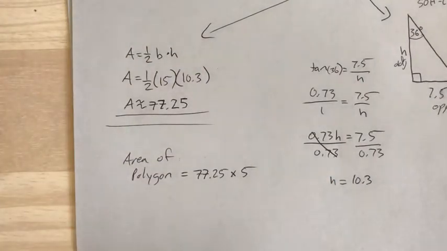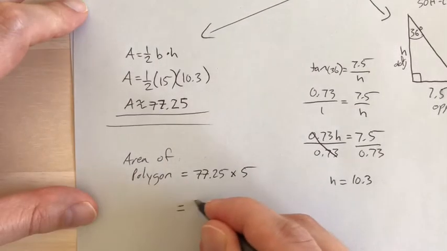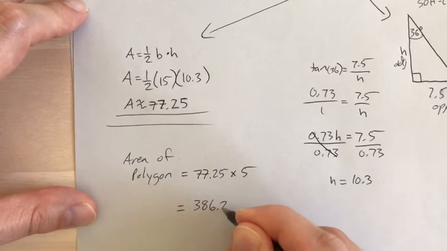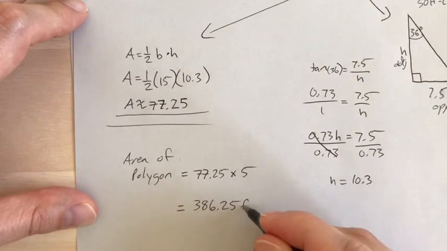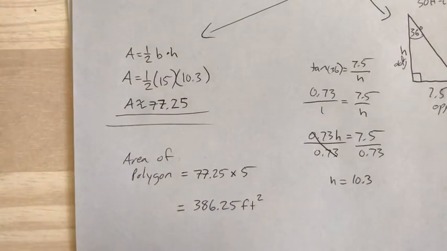So I'm going to multiply that times 5, and that is going to give me my final answer, which is 386.25. In this case, it would be feet squared, because my original measurement was in feet. But that would be how I would get the area of that polygon.